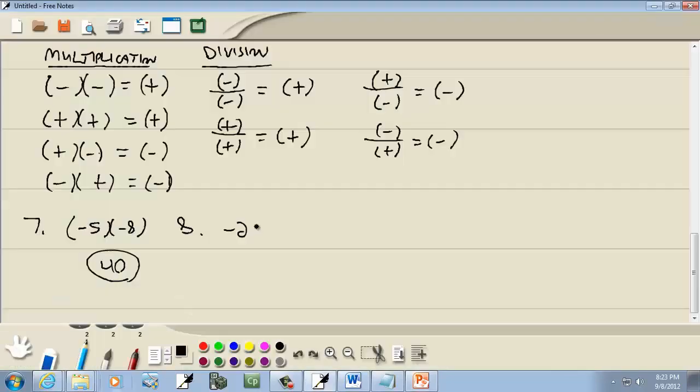Negative 2 times 3 times negative 4. Well, let's first multiply these first two numbers together. Now, negative times a positive is a negative, and 2 times 3 is 6, and then I'll carry down the negative 4. Now here, a negative times a negative is positive, and 6 times 4 is 24. So that'd be your answer.